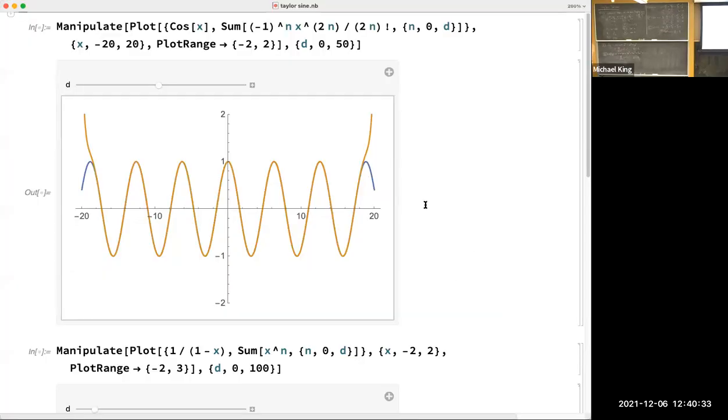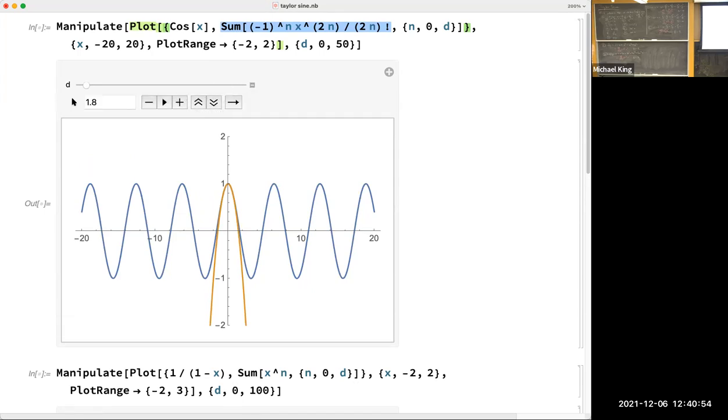Okay, so this is that thing that we had done before. Look, actually, you can see the cosine. This really is the expression that we came up with for cosine, right? And this was trying it for different values of d, for different stopping points. So this is not the Taylor series, these are Taylor polynomials.